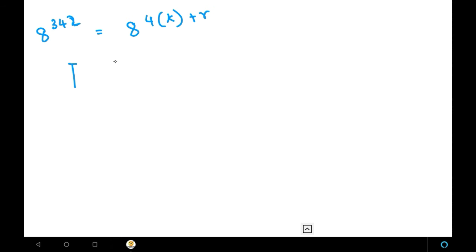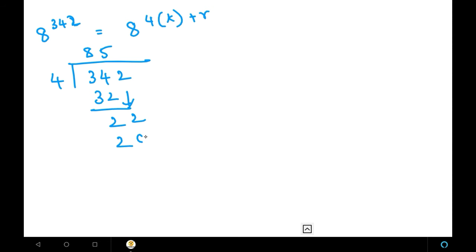So now let me divide this by 4. 4 into 342: 4 times 85 is 340, then I'll get 2 as the remainder. So this is the quotient and this is the remainder, and this is the k, because in exponents we have learned that the quotient is k and the remainder is r.